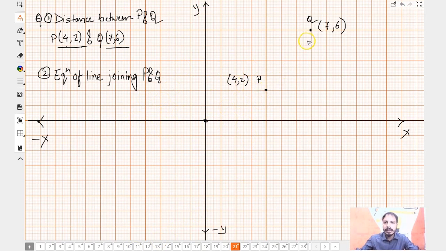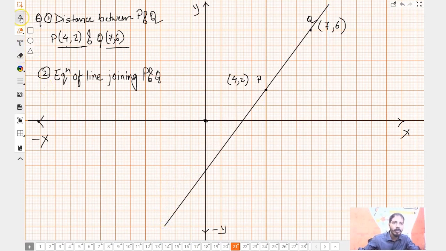Now these 2 points are given to you, so there will be a straight line which will be crossing through these points, and they're asking what is the distance. First of all, they're asking what is the distance here, that means this distance here, right?